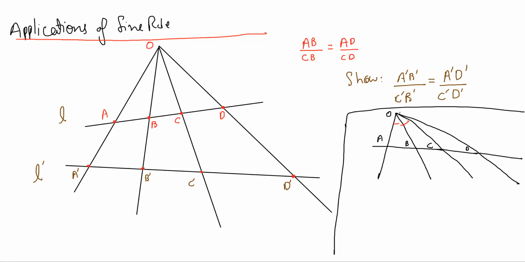And OD is the external angle bisector, by which I mean this angle is equal to this angle, which doesn't look like it in the picture.